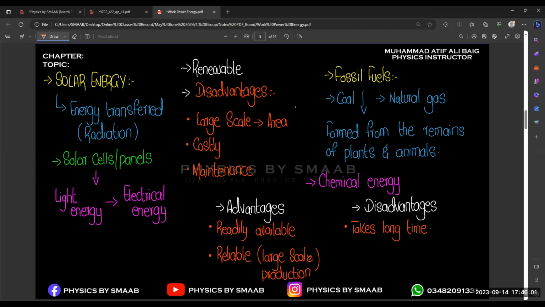That's why it is non-renewable also. We are not able to produce this source of energy, because it takes a long time to generate fossil fuel, and the amount we are consuming on a daily basis is very high as compared to the natural production of fossil fuel, right?